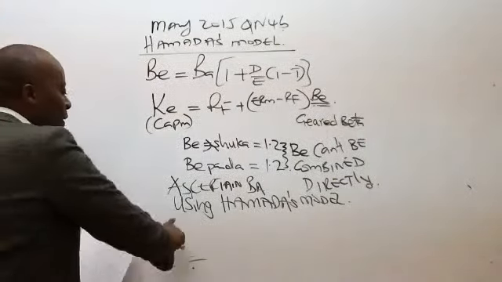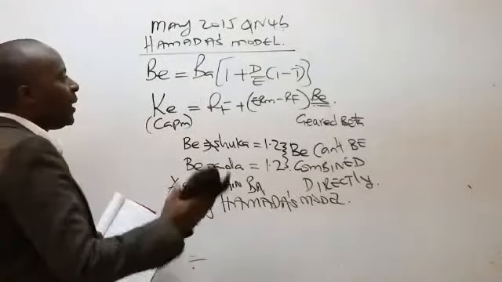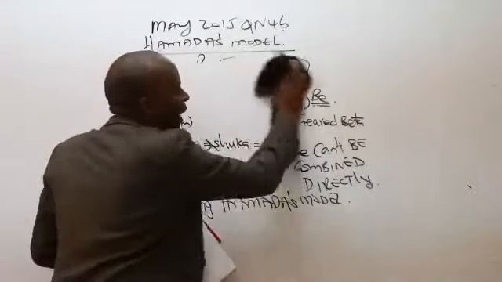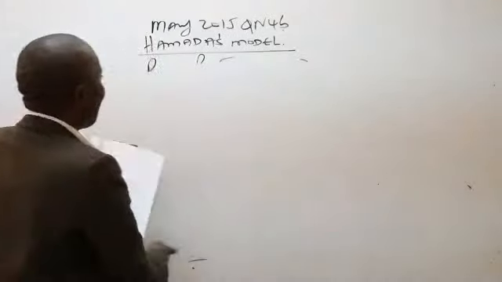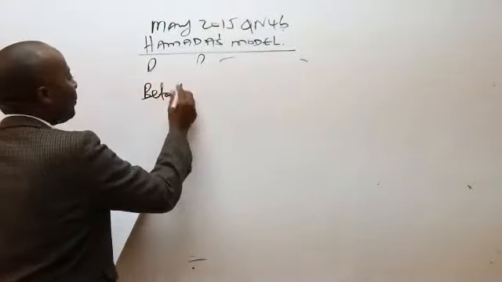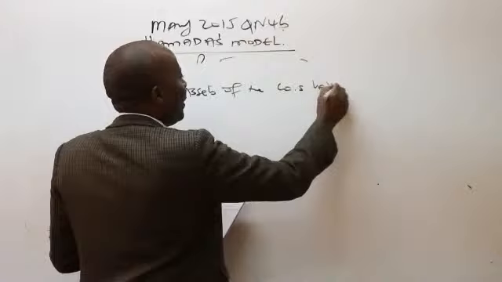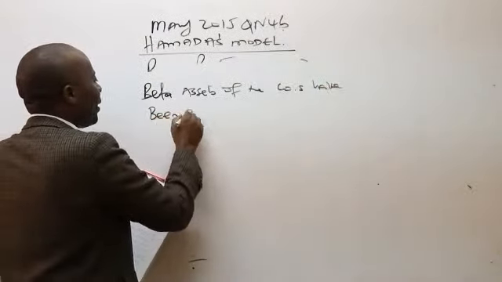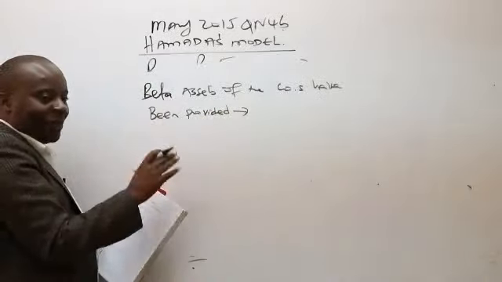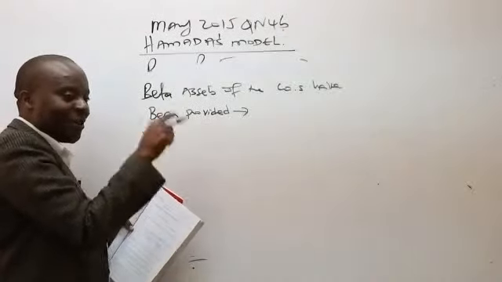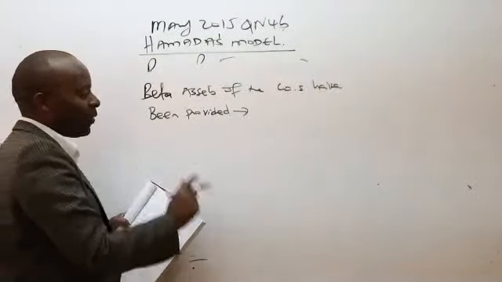In this question, if I were you, I would have written there that beta assets are given, have been provided directly. So I will not use Hamada's model to ascertain beta assets of the specific companies. Beta assets of the companies have been provided.